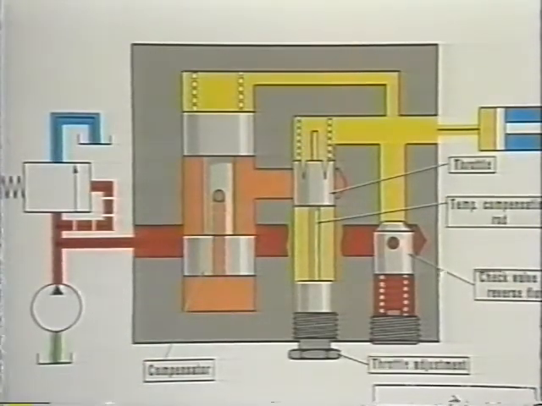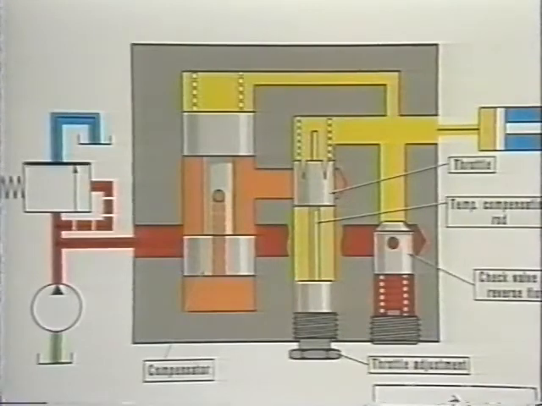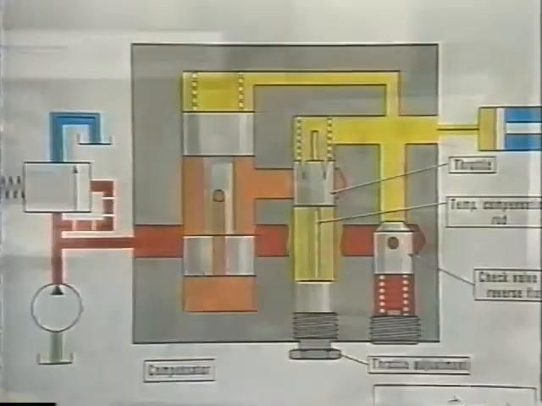If we'd set this for 6 gallons per minute and the temperature went up, the oil would become a little thinner and tend to flow faster through the throttle. However, the increased temperature also causes the aluminum rod to expand and close the throttle opening to compensate for the change in oil viscosity. So, even with the thinner oil, the speed still stays essentially the same.